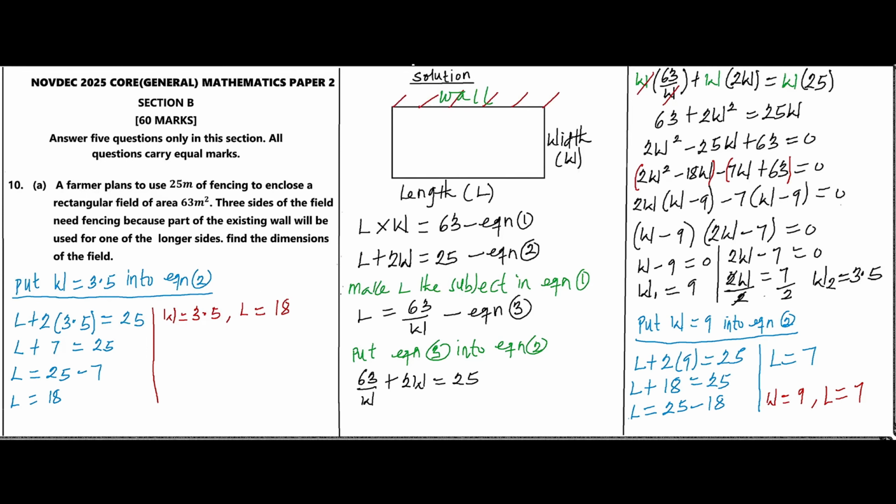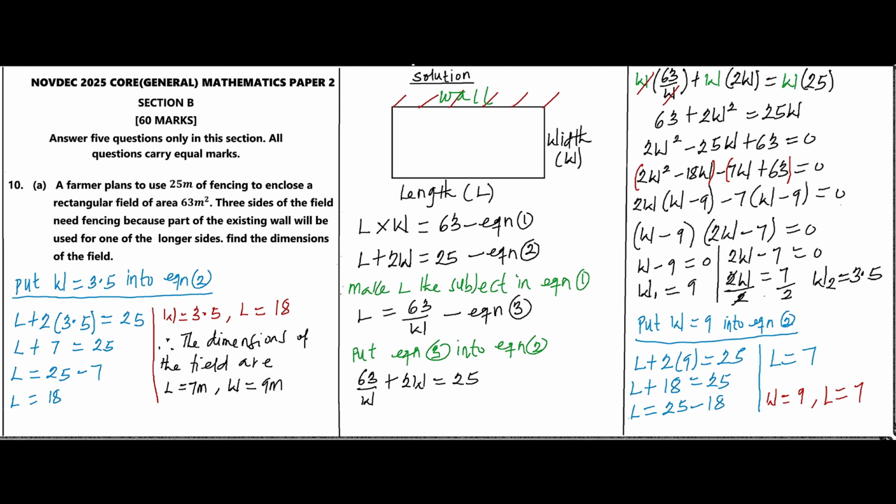So what are the possible values of the length and the width? So you can say that the dimensions of the field are the first one, the length being equal to 7 meters and the width equal to 9 meters.